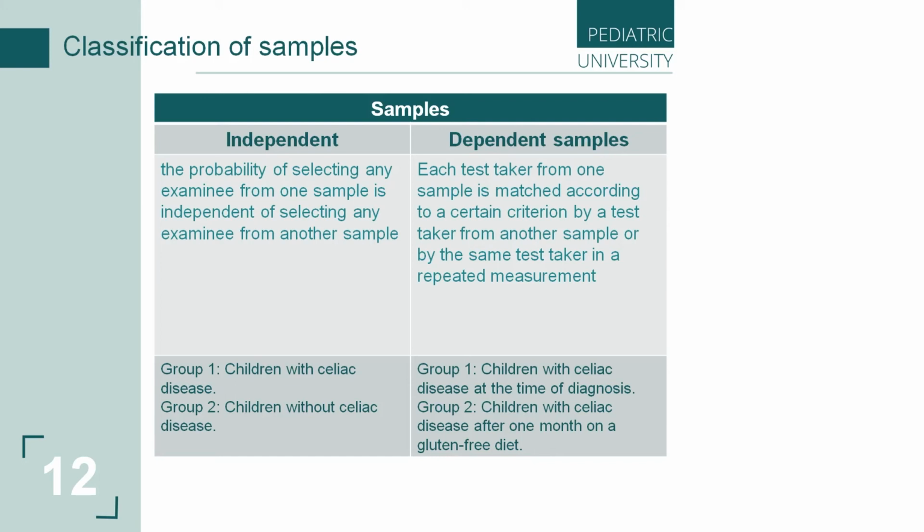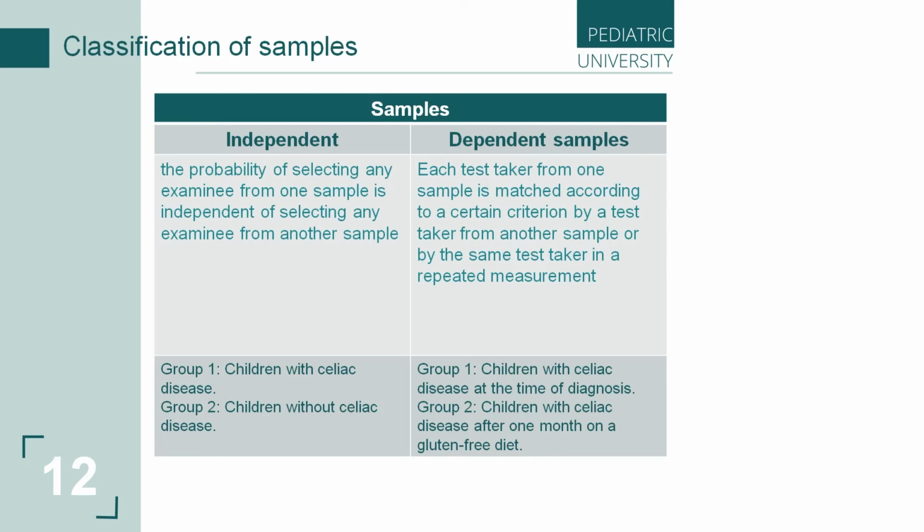And what about dependent samples? Dependent samples are samples where each test taker in one sample is matched according to a certain criterion to a test taker from another sample, or the same test taker in a repeated measurement. For example, subjects before and after something, or we study the same patient at two different time points.